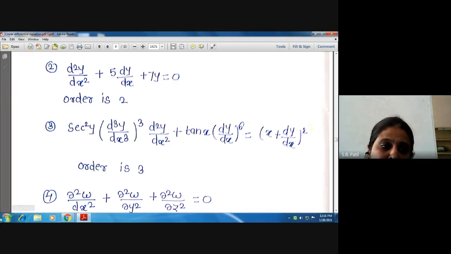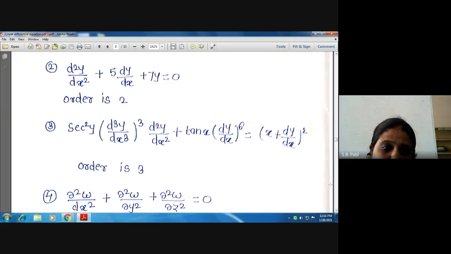We have to find the order of this differential equation. This is also an ordinary differential equation, because in all the terms we differentiate with respect to only one independent variable x. We have to find out the order of this differential equation.